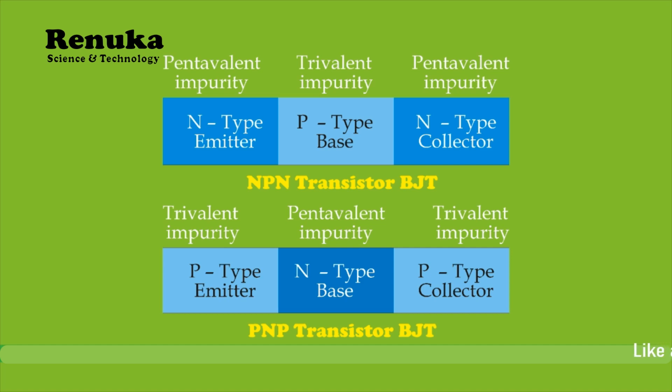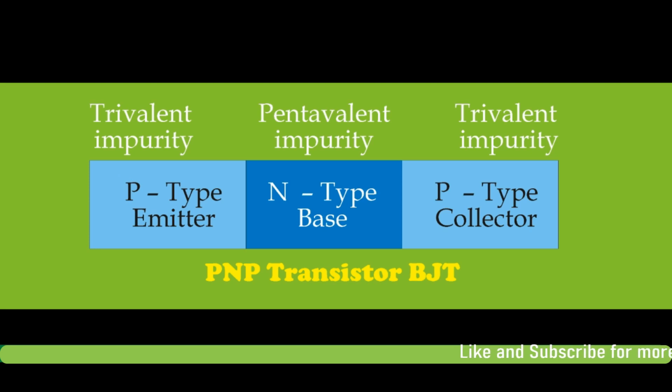So if an impurity doped on either side of the substrate is of trivalent type, then it will form a p-type at the ends, and in between, if a pentavalent impurity is added, it forms an n-type region in between.